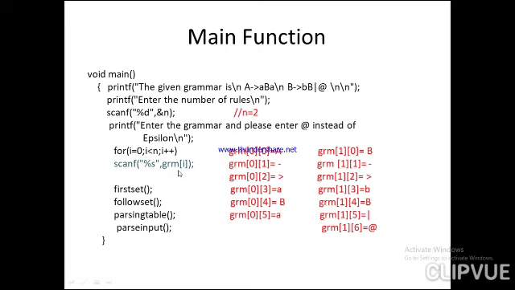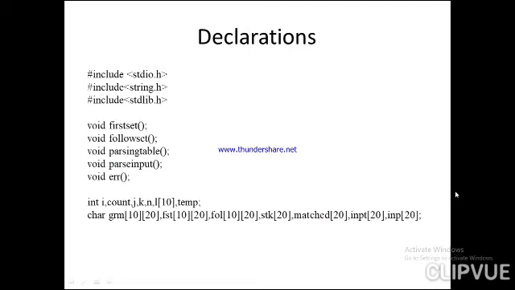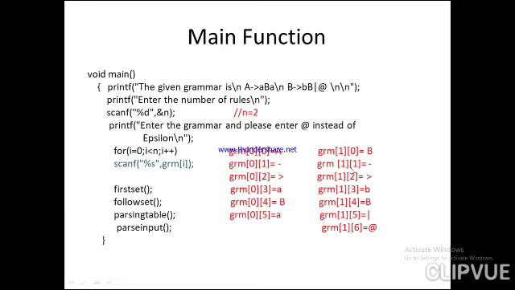So I am doing scanf of grm of i. When I am using a string function, whenever I say grm of i, so what is grm of i initially? 0. So I am reading this 0. When we went to the declaration part, I considered grm as a two-dimensional array, but here we are considering only grm of i.